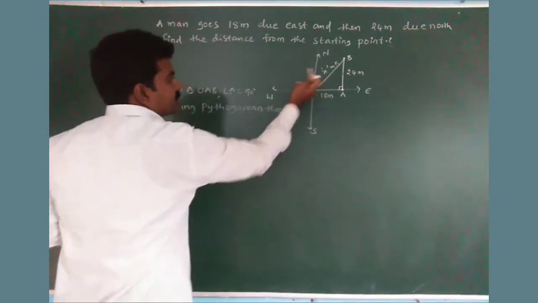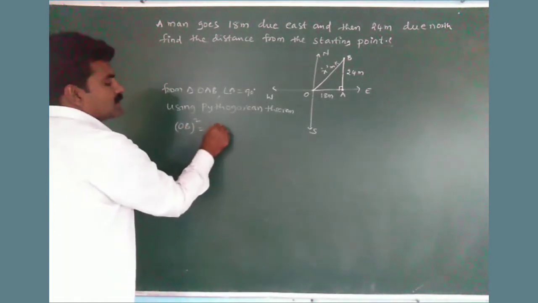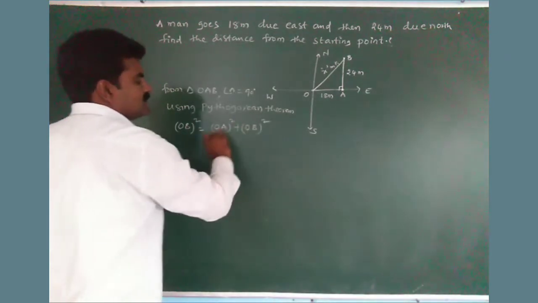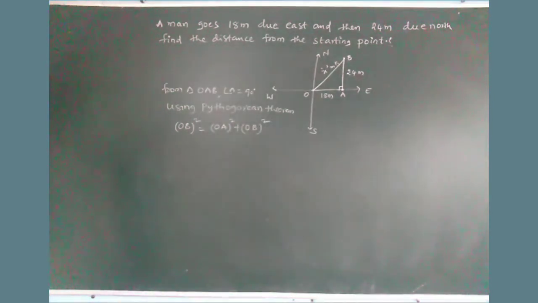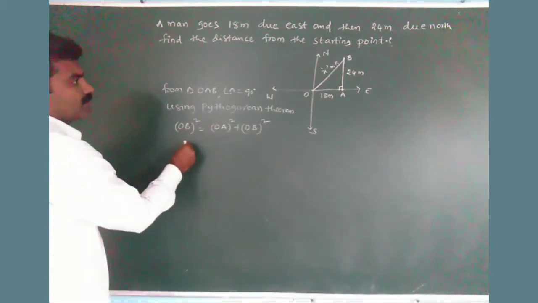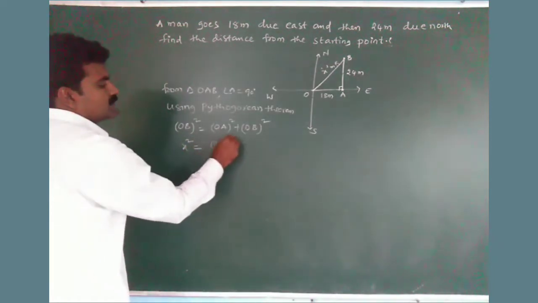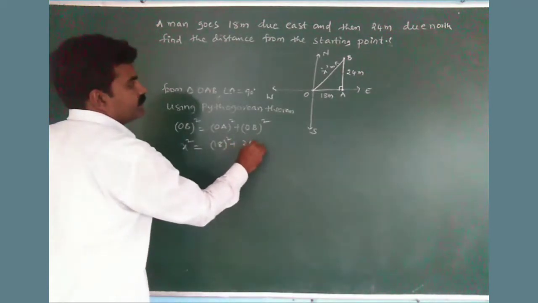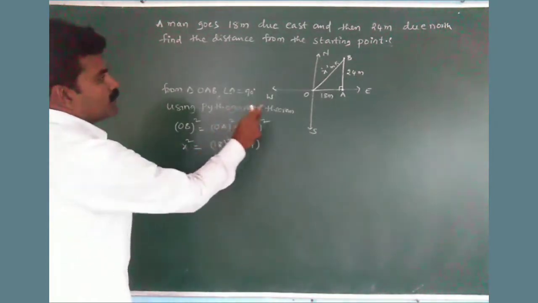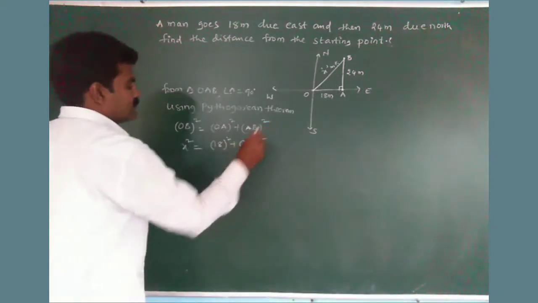Square of the hypotenuse OB square is equal to the sum of the squares of the other two sides, which is OA square plus AB square. So OB square, which is x square, OA is 18 whole square, and AB is 24 whole square.